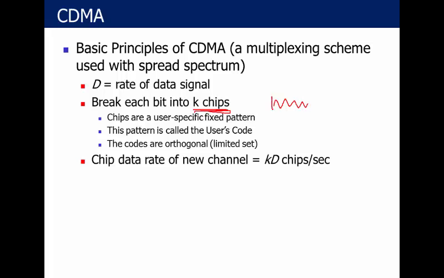So let's say for one data bit, how many signal bits do we want to use to mix? So K. We call this K chips.